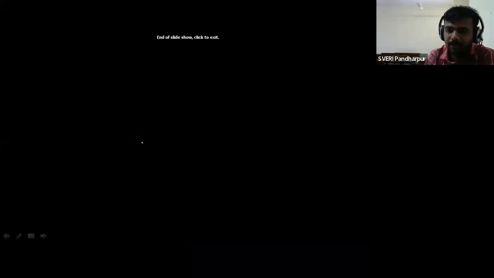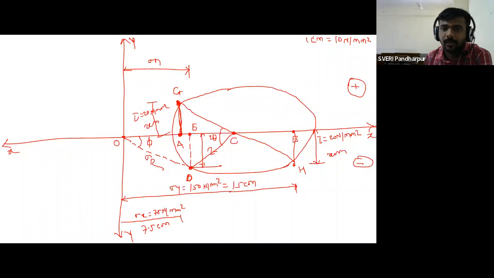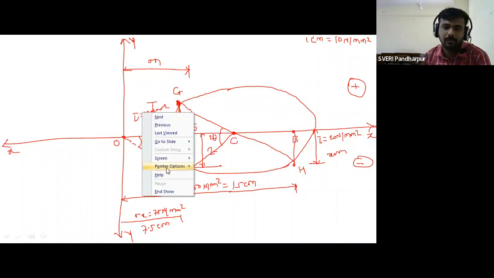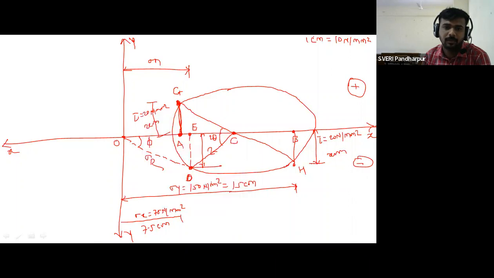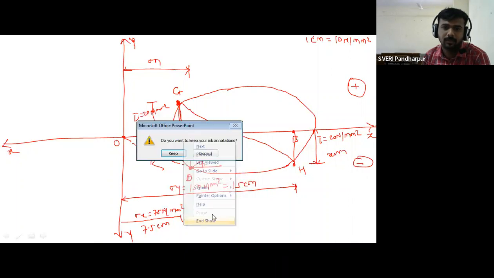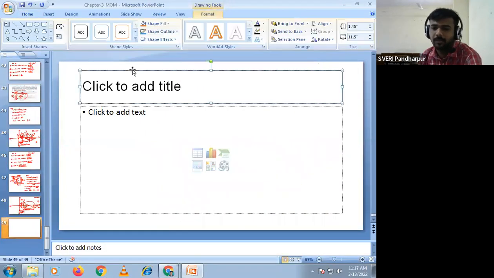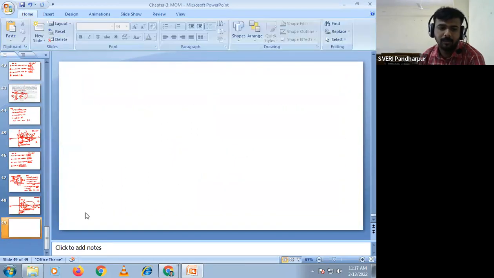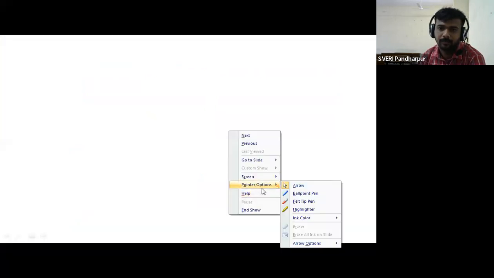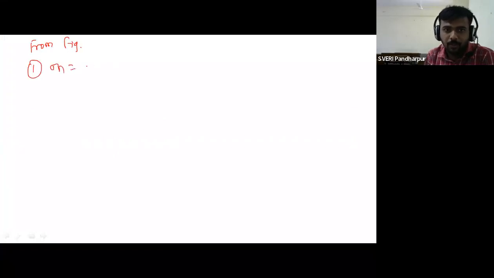And from the figure, measure all the distances. So from figure, first sigma n is equal to O to E into scale.